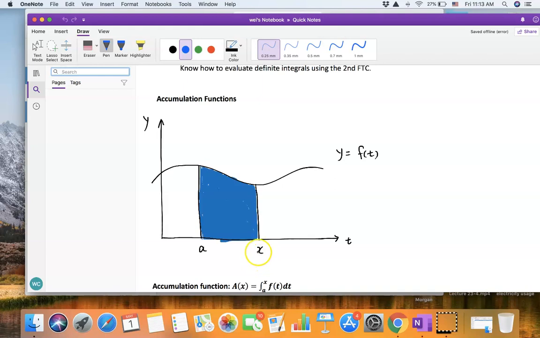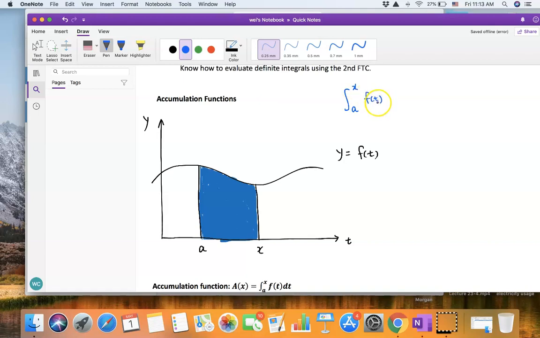Now remember here, x is not a fixed number. X is a variable. So in the previous lecture, we learned that the area of this bounded region can be represented by a definite integral. That integral is from a to x of f of t.